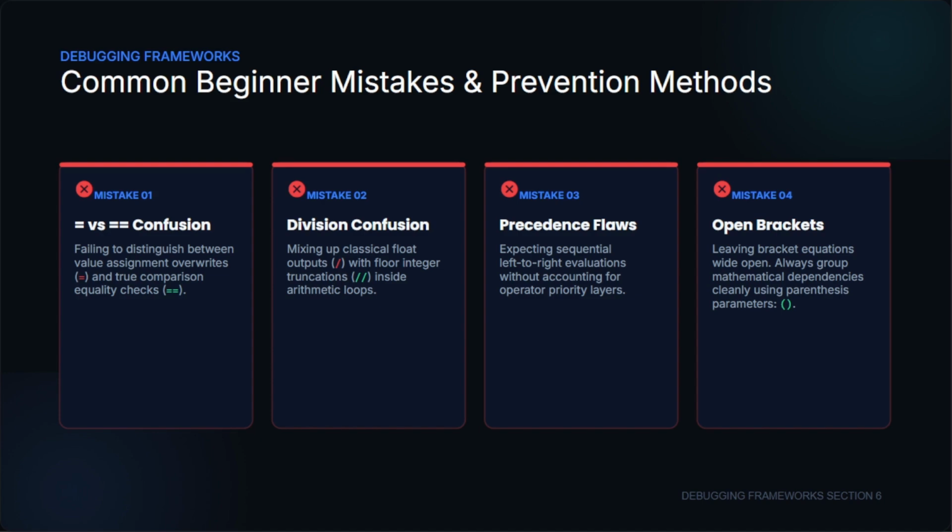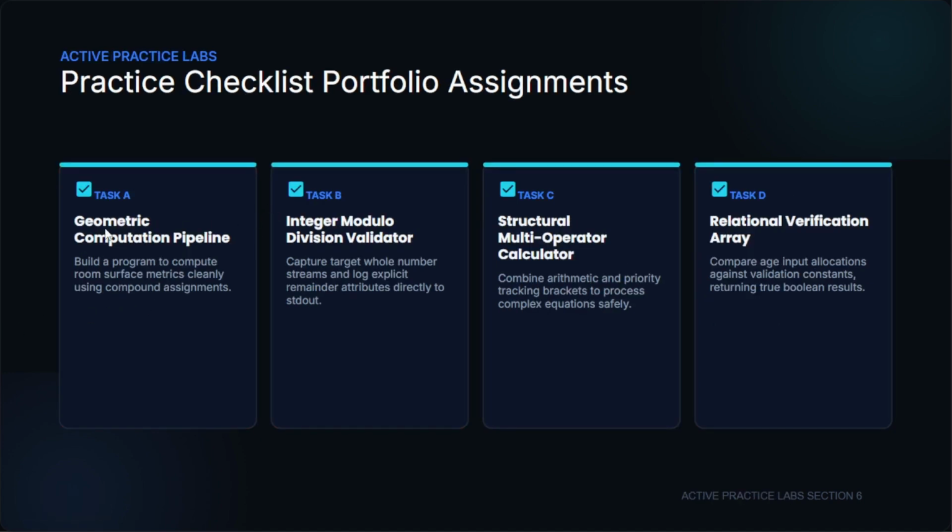You also try one more program by yourself. So basically here are 4 tasks for you all. The first one, you need to build a program to compute room surface metrics cleanly using compound assignments.